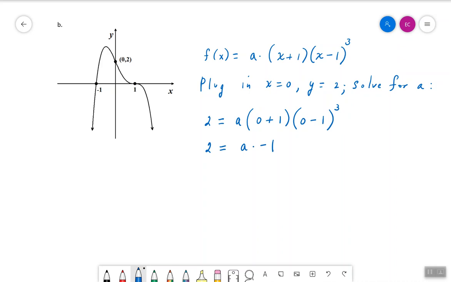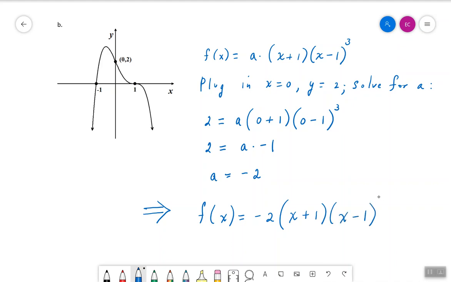So 1 times negative 1 is negative 1. That tells us that a is going to be negative 2. And so we can write our answer. We can write f of x is equal to negative 2 times (x plus 1) times (x minus 1) cubed.